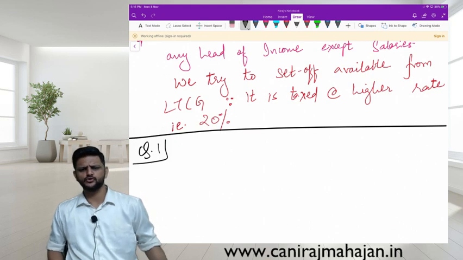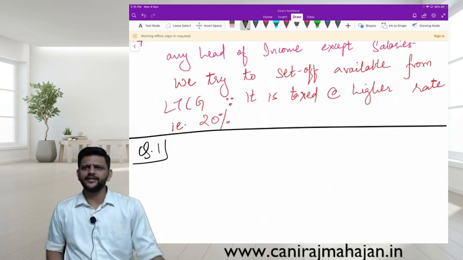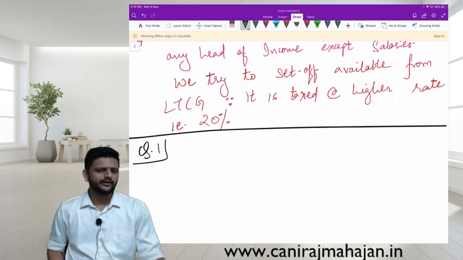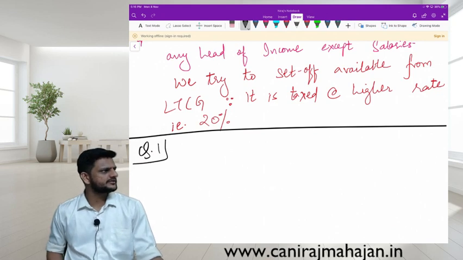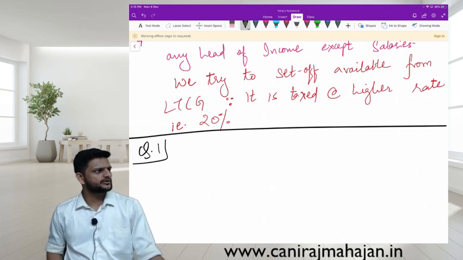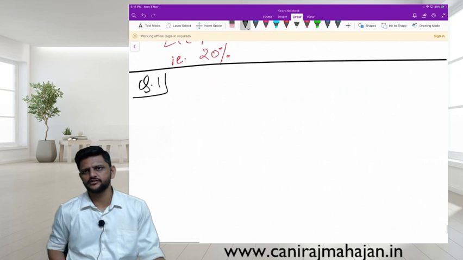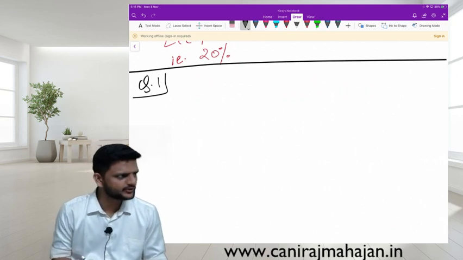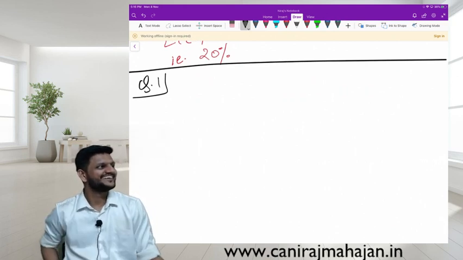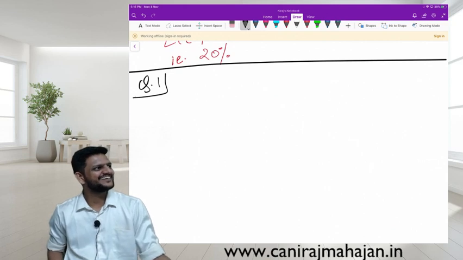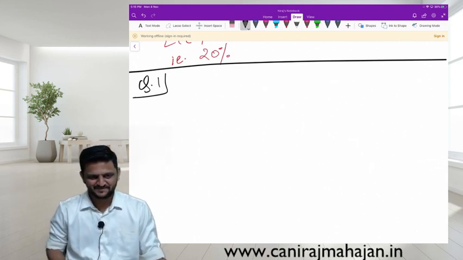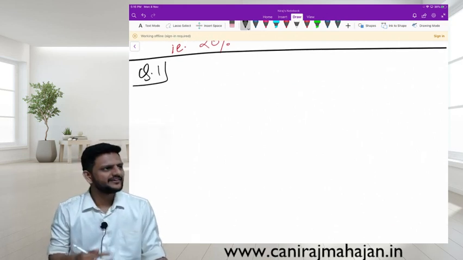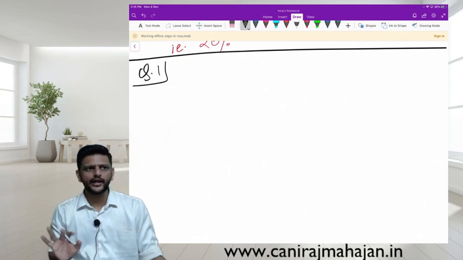She does this also. Activity of owning and maintaining race camels for races. He had a loss. But camels are not horses, correct? And horses are not camels. So syllogism, है ना? So that logic is not applicable over here.